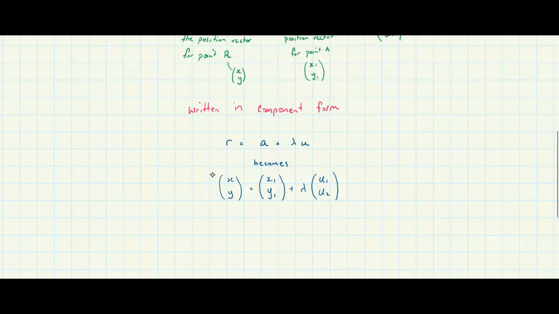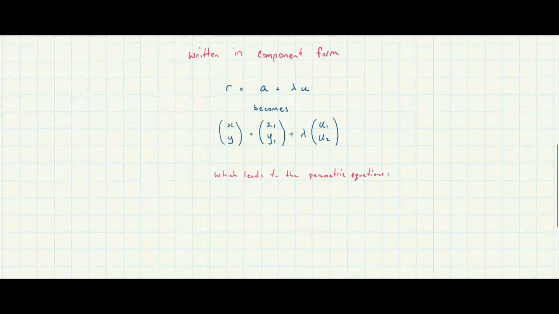Which leads to the parametric equations: x equals x1 plus lambda u1, and that's just reading off the top line, and y equals y1 plus lambda u2.